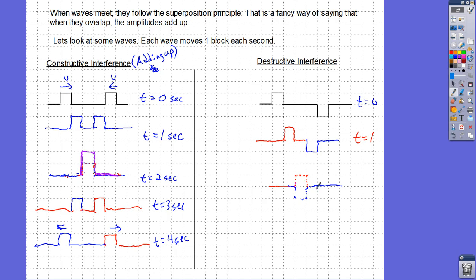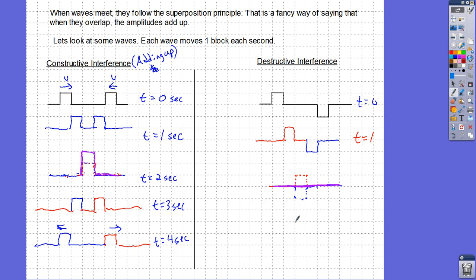So you have one block up and one block down. They cancel each other out. And so for an instant, it's as if there's no wave on there. All that we would see is just a straight line. Okay? And then afterwards, they continue on as if nothing ever happened.